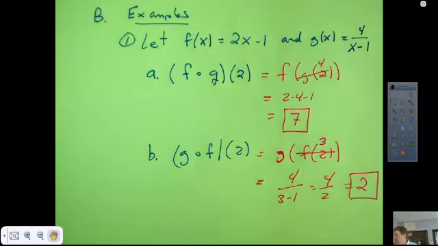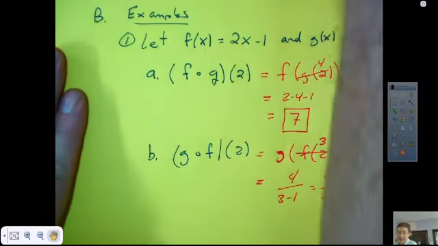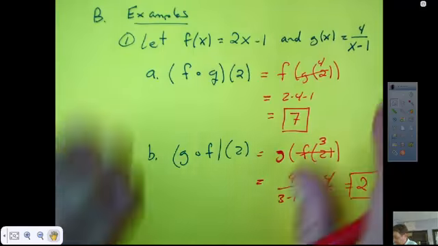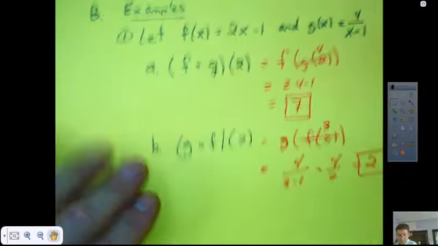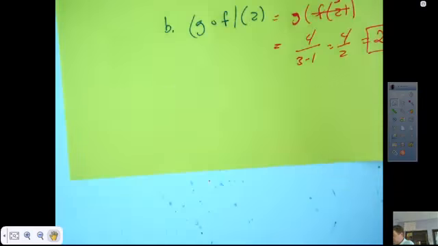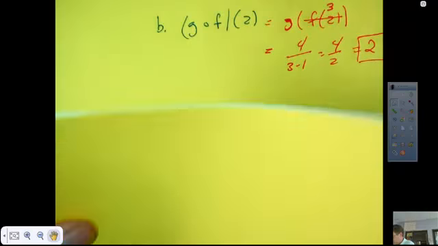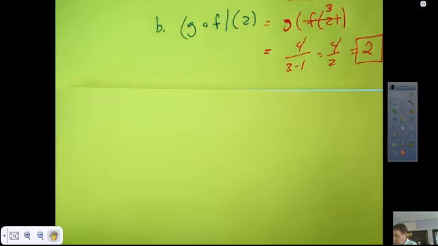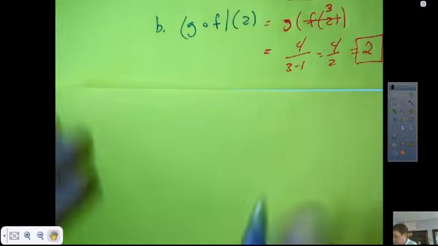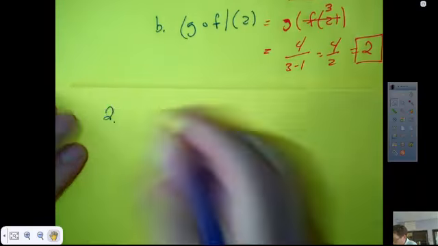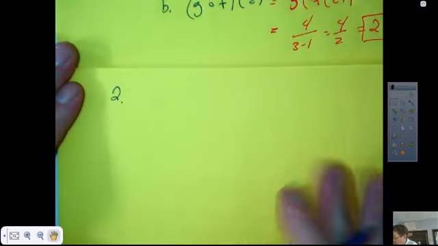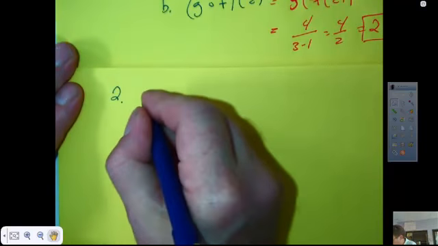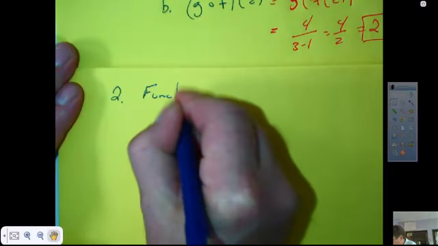Now, you have some examples on the assignment that will give you the function not as an expression but as a table. Let's do an example like that next. So, number 2. The function is given as a table.